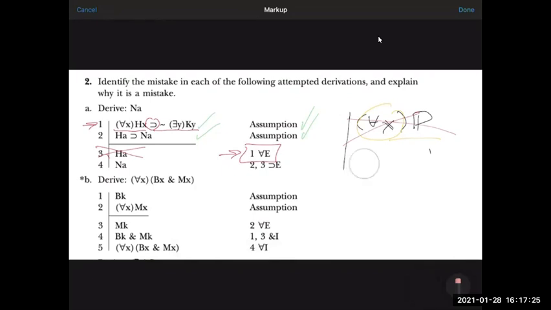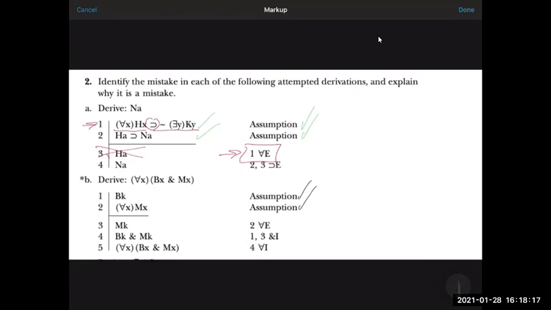Let me erase this. Okay, so number 2, it looks like, again, we can basically check those off. Those are regular sentences of PL, nothing fishy there. Let's look at line 3. K has a property of M, or MK.